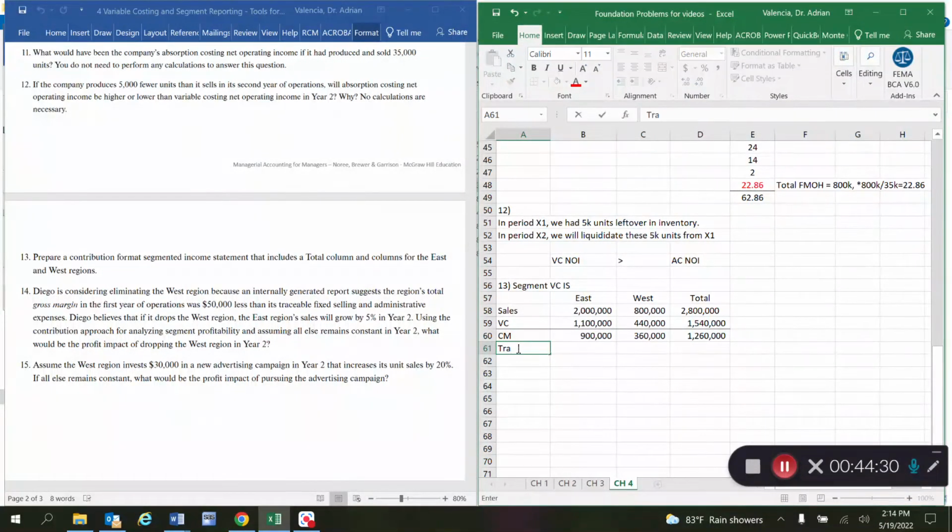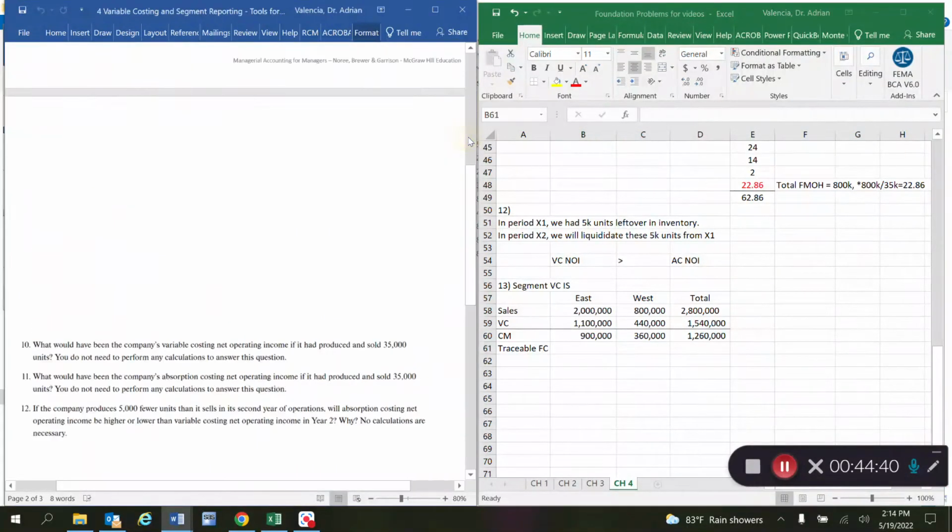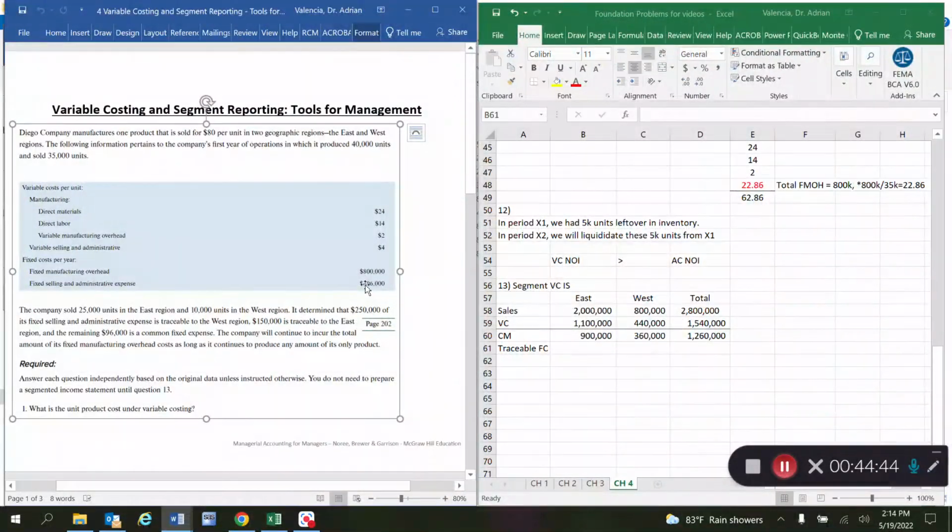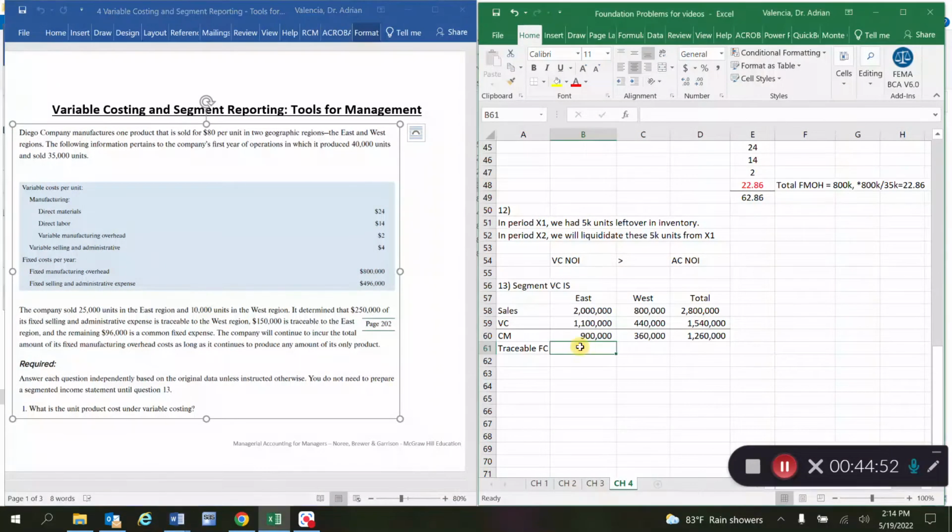The traceable fixed costs for the east: of this whole 496 amount, they told us that 150 was traceable to the east and 250 to the west. So I'm going to put in here 150. And then this one is supposed to be 250.